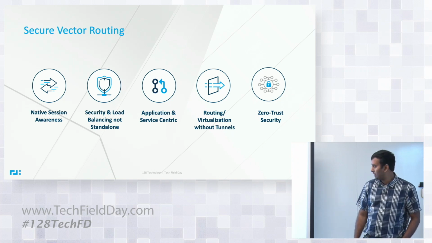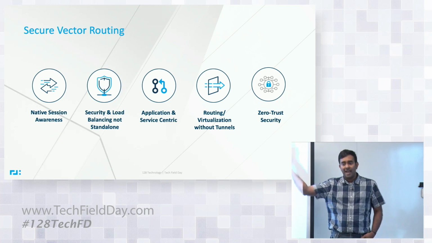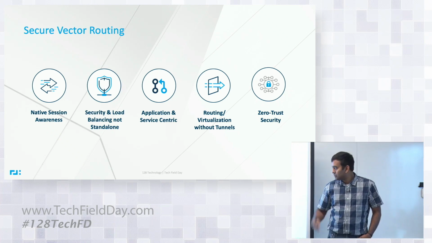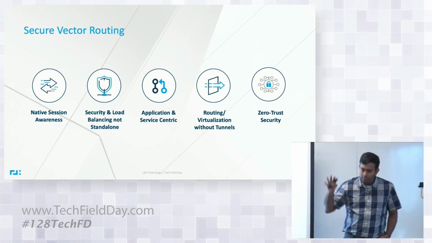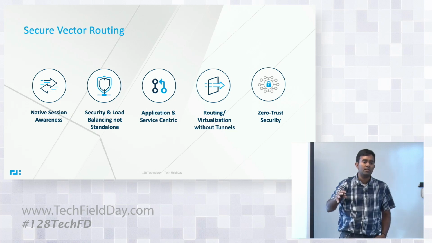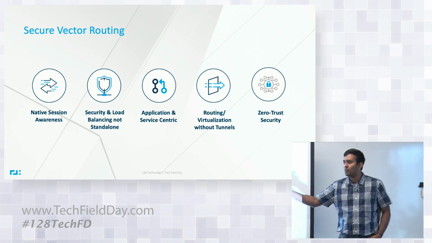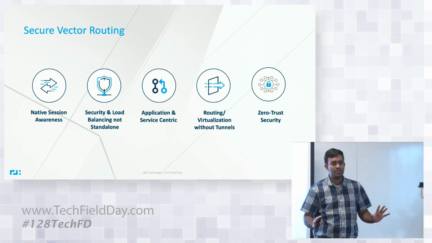Then zero trust security. We believe in security, security, security. That's why SVR stands for Secure Vector Routing. So zero trust security. We'll come to all these terms in detail. But the basic premise is that the fundamental basis on which 128 does routing is completely different from the way any other networking scheme you have seen.